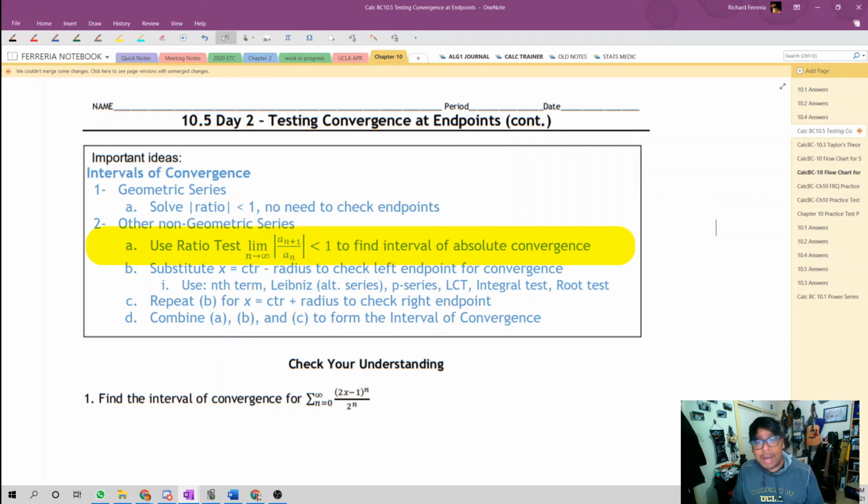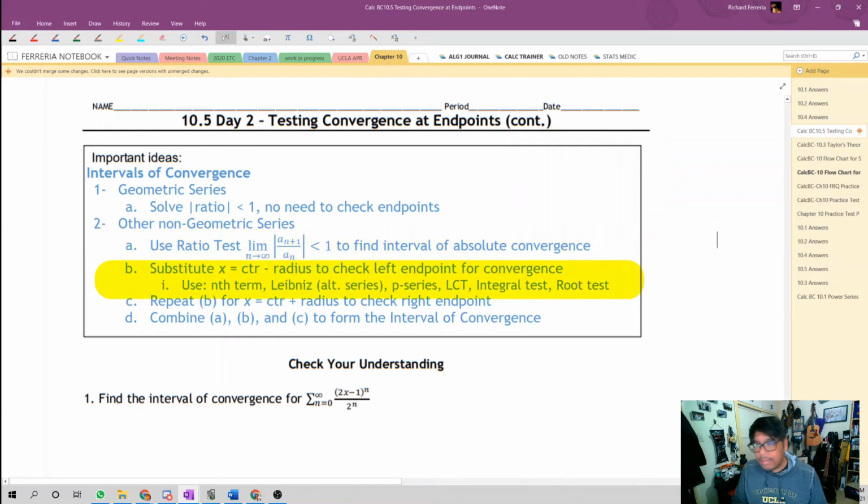Substitute the left endpoint to check the left endpoint for convergence. When you do that, you have to use the nth term test, the Leibniz test, the p-series, the limit comparison test. You might want to use the integral test or even the root test, which we don't even discuss here in this series.